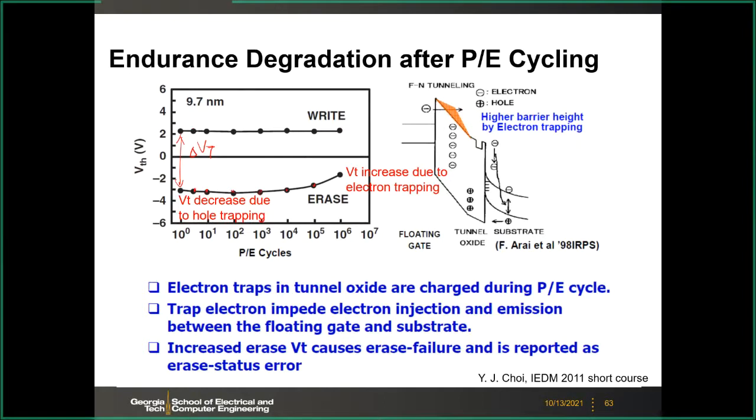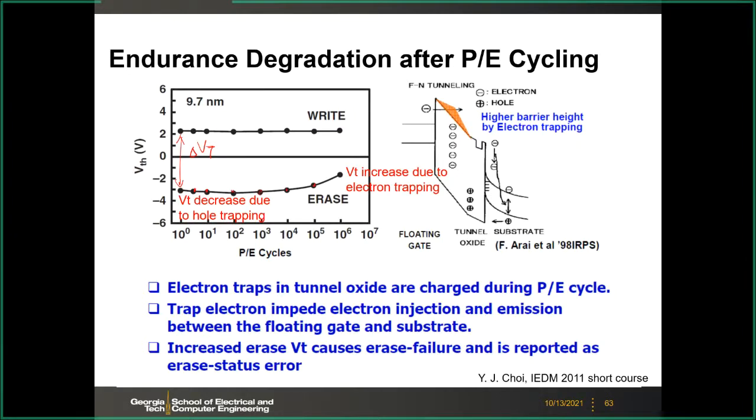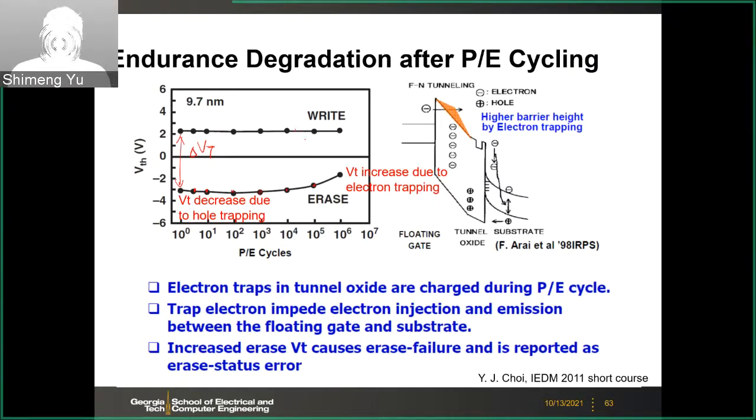Between those points, you still apply the program erase pulses, but you don't read out, therefore you don't have the record. Only at those checking points, you read out the exact value of the VTH state. Or in other words, you read out the exact current, and you can back calculate the VTH state.